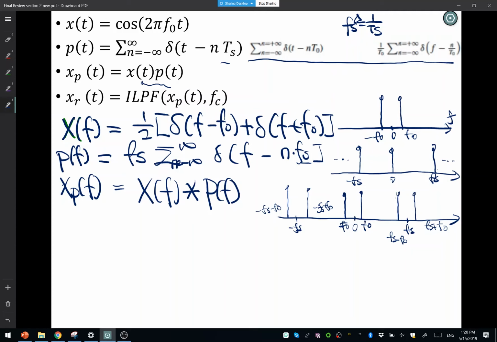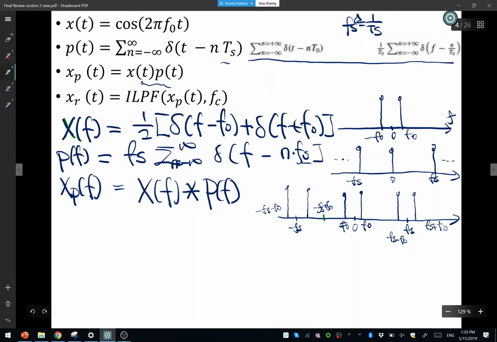A low-pass filter is going to cut the center piece of the spectrum. And we know that this is a periodic signal, and it has many periods, and the center period happens from minus half fs to half fs. So we cut this center piece out by an ideal low-pass filter.